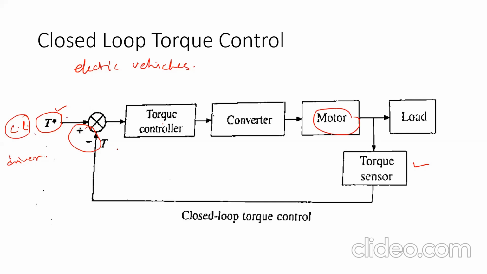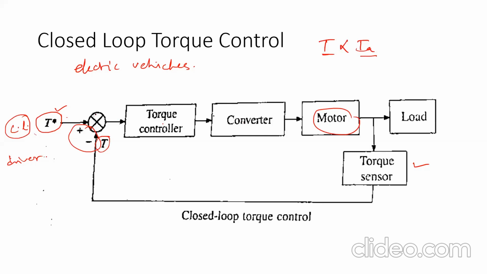Suppose the actual torque of the motor is less than the torque reference. The torque controller will switch on the converter, so current will flow through the converter to the motor. We know that the torque is proportional to the current, so to increase the torque, we have to feed current to the motor.